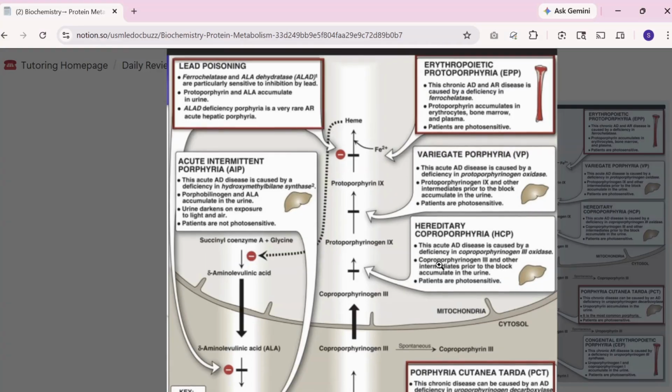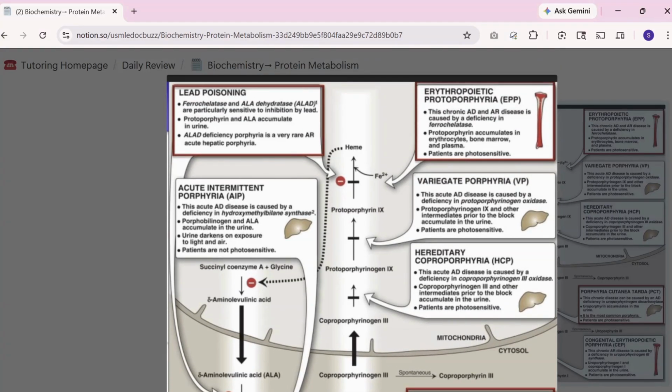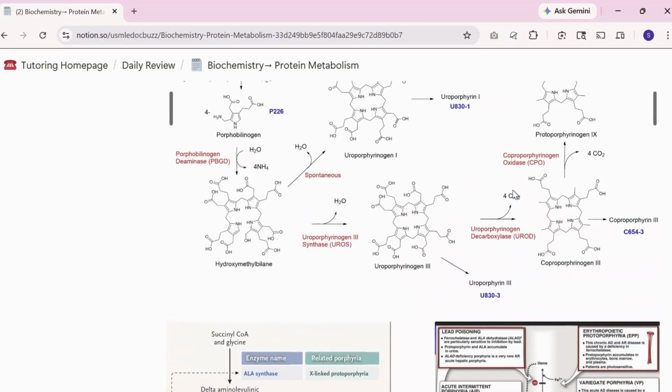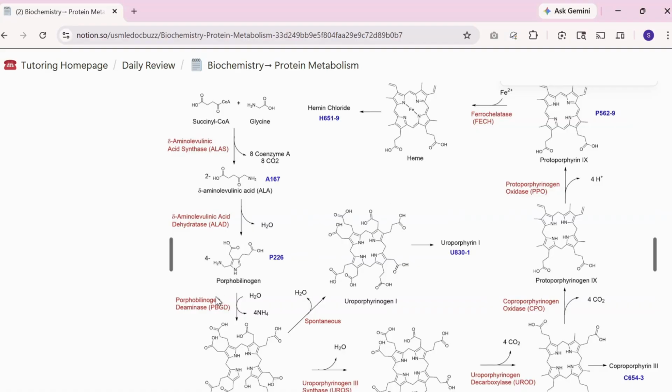Now let me give you a general rule to help you understand this. Before this reaction, porphobilinogen deaminase, which is linked to AIP, up until this whole structure that you see here, this is the thing that goes and deposits underneath the skin. This deposition doesn't actually react with the UV light.